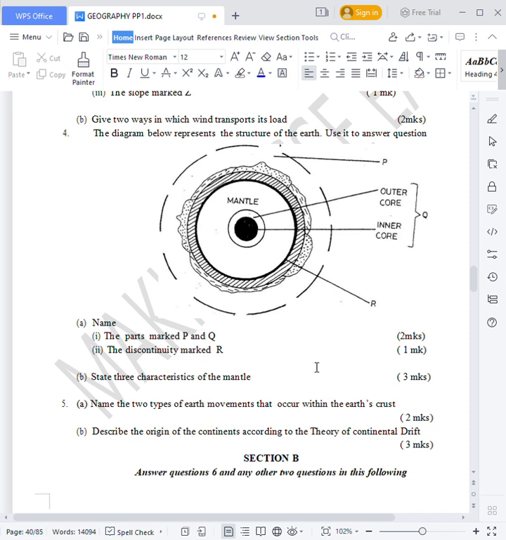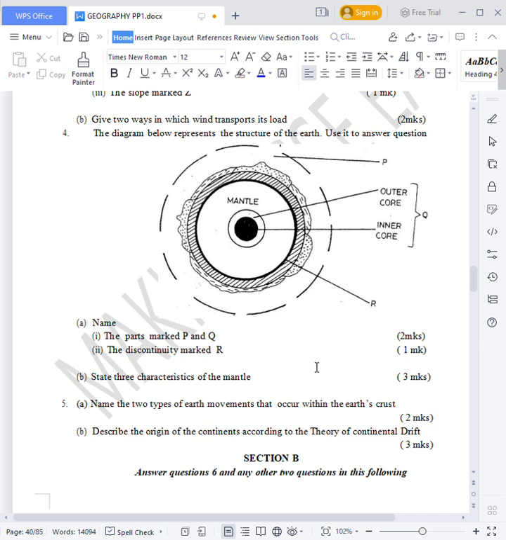Question 5. Question 5A. Name the two types of earth movement that occur within the earth crust. So we have horizontal earth movement.